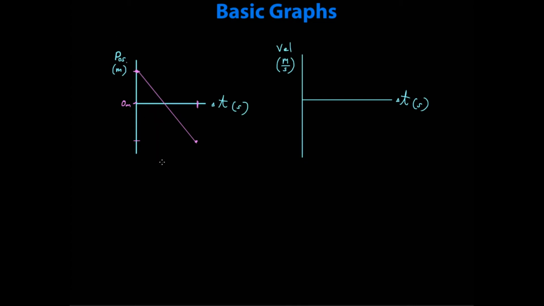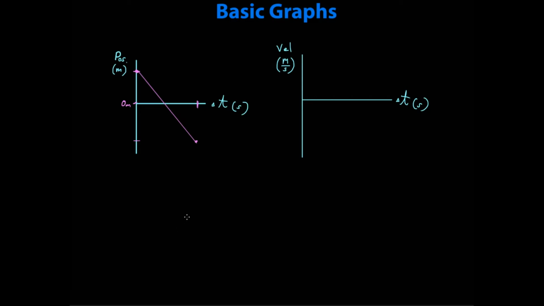Now, whenever you create or you are given a graph, there are always two things about the graph that are important to know. The first is, what does the slope of the graph mean? The easiest way to check that, probably one of the first things you learned about the slope to begin with, is rise over run.